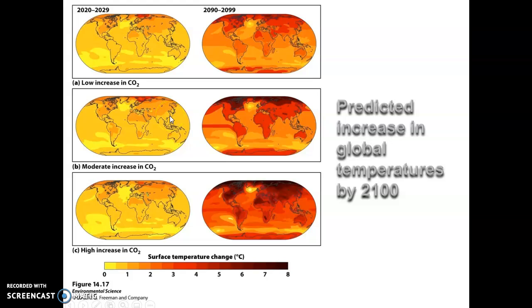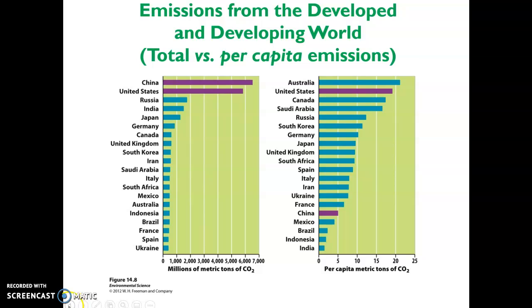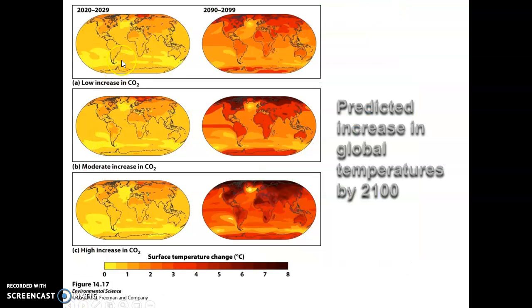A moderate increase in CO2 concentrations, where perhaps we have a surface temperature more like 4 degrees increased, and a very high increase in CO2, which would lead to a near catastrophic, if not catastrophic, temperature change. So one thing that you will notice is that no matter what the level of predicted increase in CO2 you use, you still do have consequences. And in some regions, these are very serious consequences.